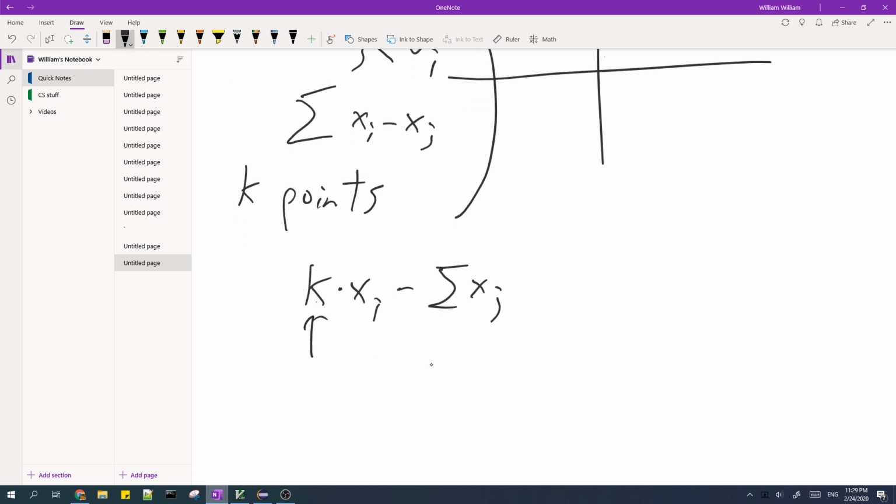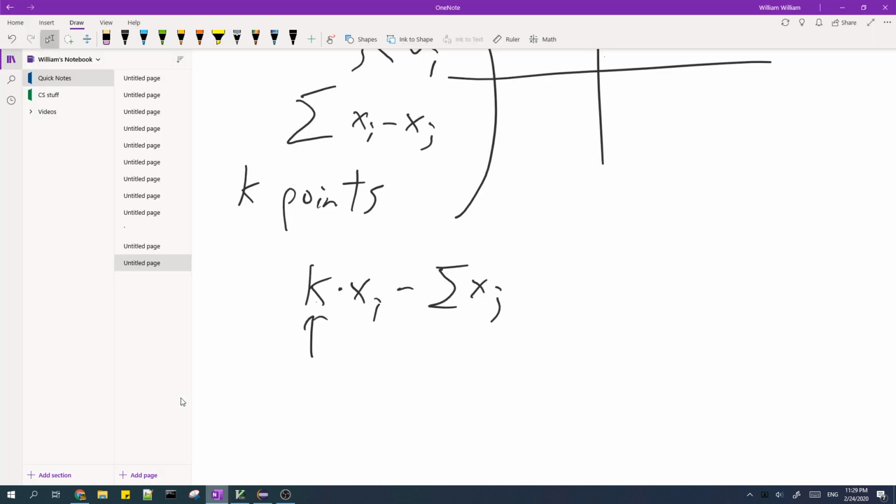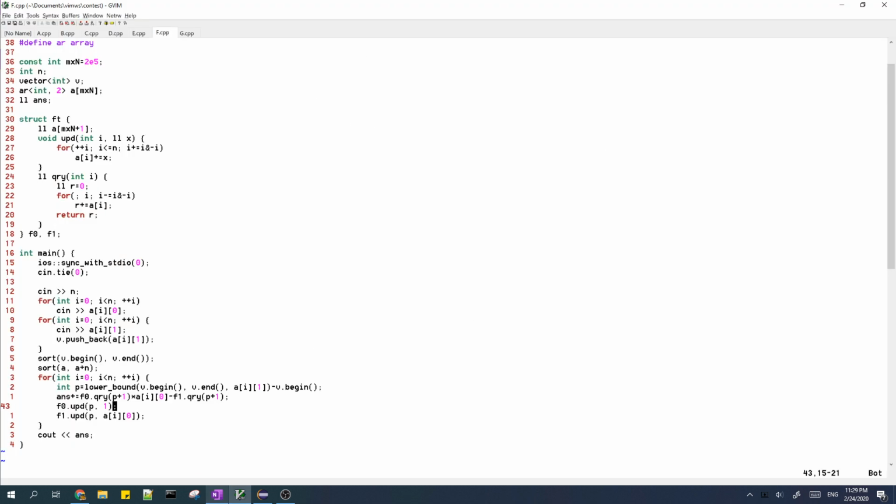And this k over here, we can find in our first binary index tree, and that's why we add 1. And then this sum over here, we find in our second binary index tree, and that's why we add the x coordinate to that binary index tree.